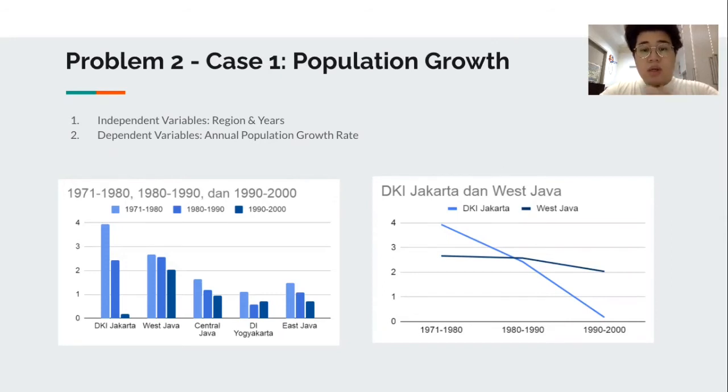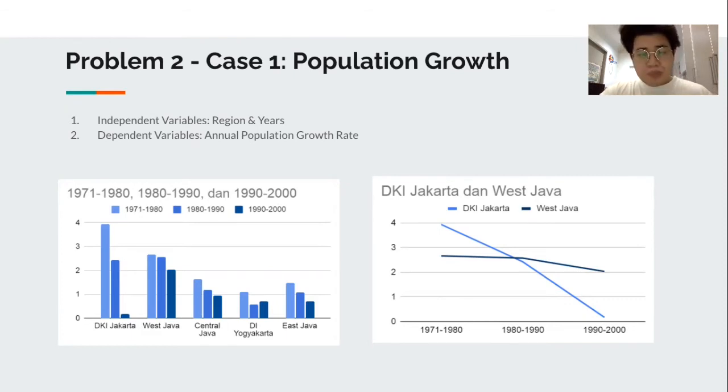Based on the graph plotted, we can see that in Jakarta, there was a significant decline from 3.993 in 1971 to 1980 to 2.42 in 1980 to 1990 for their population growth rate, while for West Java, the decrease is very slight by just below 0.1.